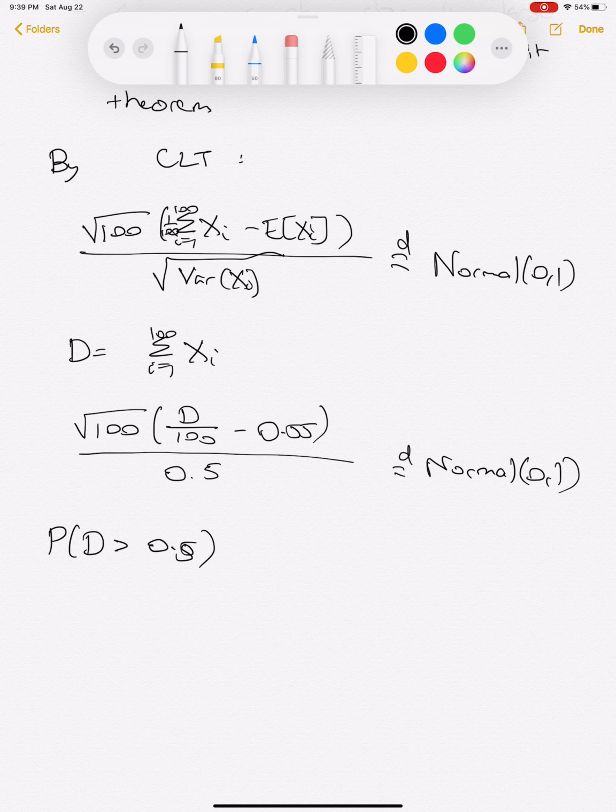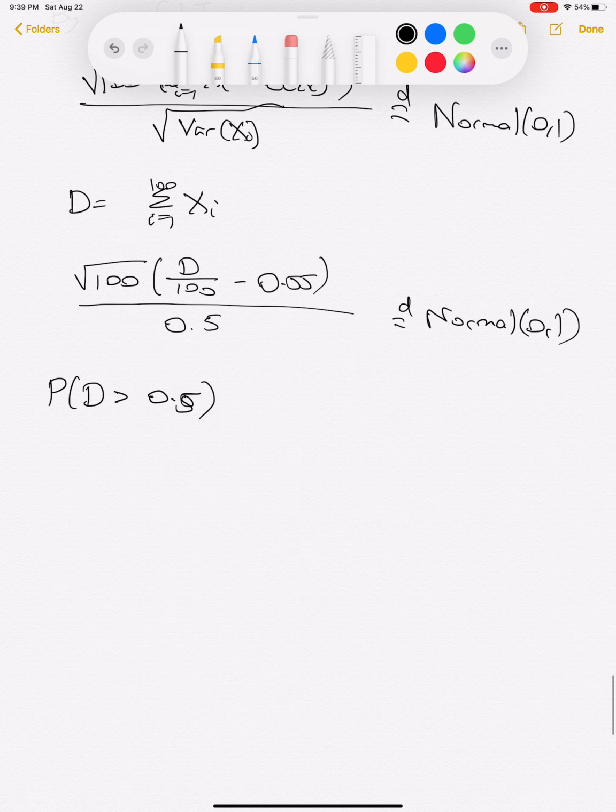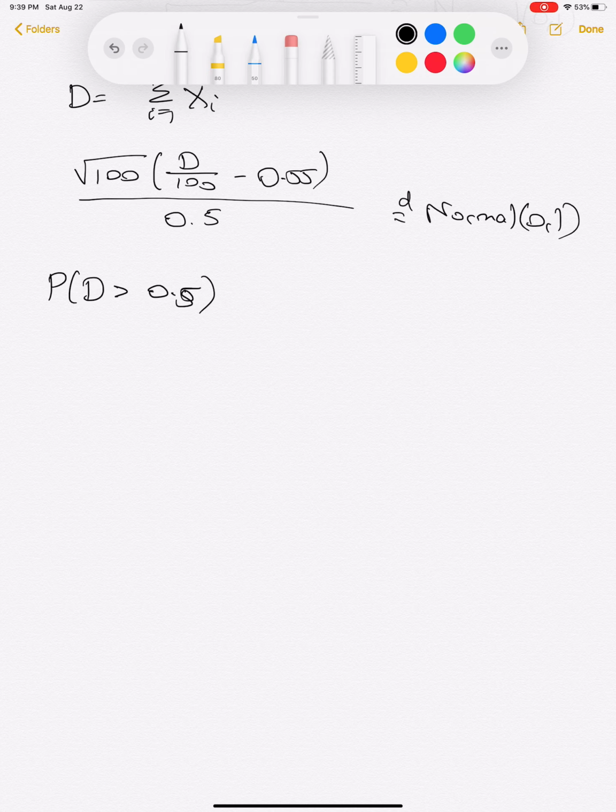So what we want to do is exploit this normal 0, 1 approximation. We want to convert that D into something that looks like this so that we can use the normal table. We just want to do all the manipulations to make the D into the form in the line above.